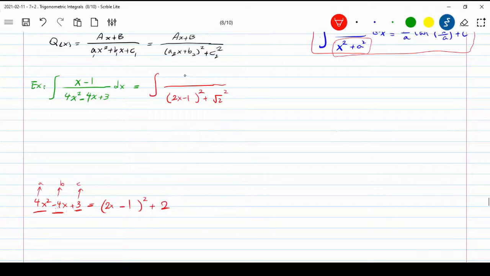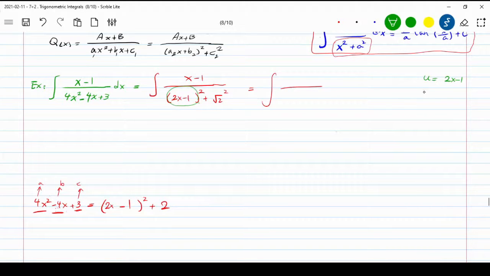Okay, if I do that, then the numerator is still x minus 1. Okay, now you can do substitution. First, let's make it easier. I'm going to write u equals 2x minus 1 inside this parentheses.